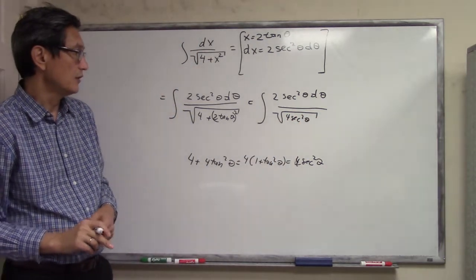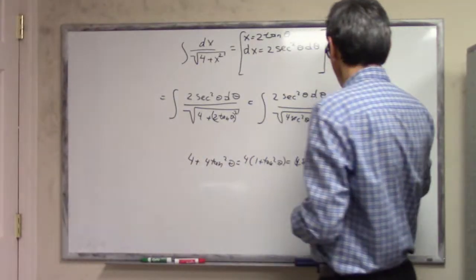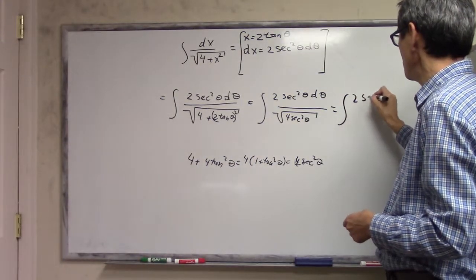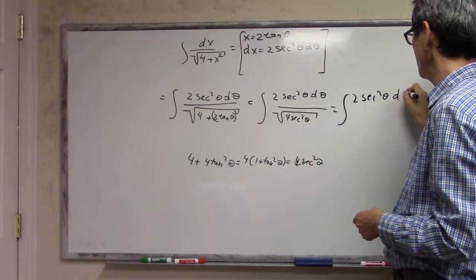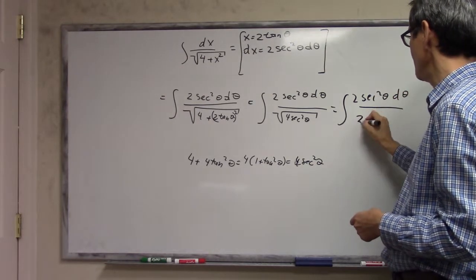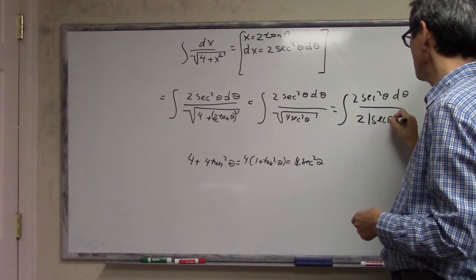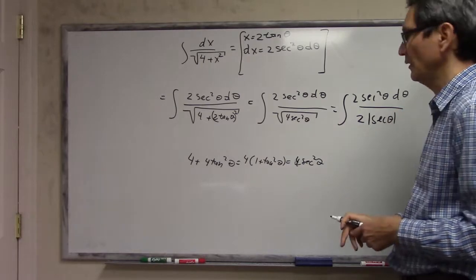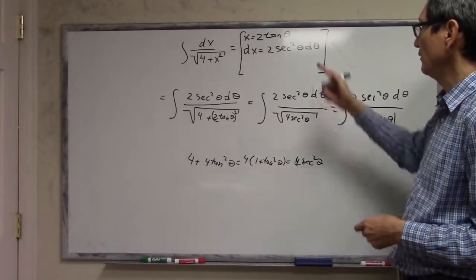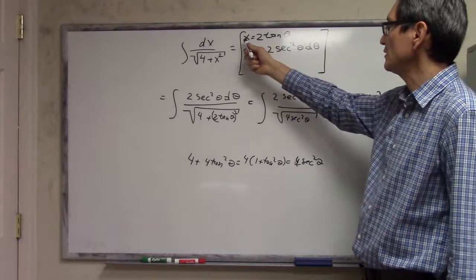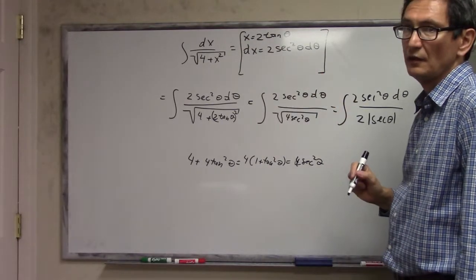So let's try to figure out what that equals. 2 secant squared theta d theta over 2 absolute value of secant theta. If you look at the expression, we want x to be 2 tangent theta.